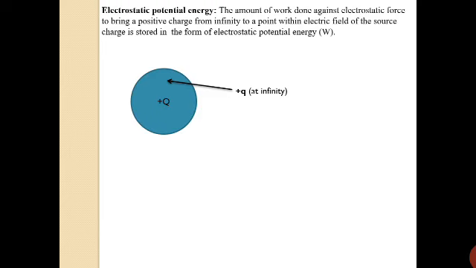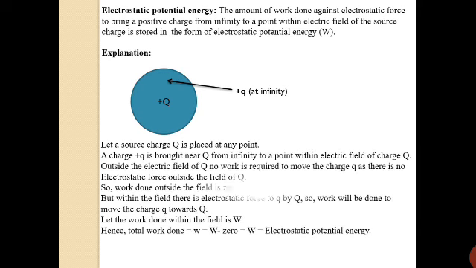So in this case we have to work, and once you start working, energy will be given to the charges, and that will be stored in the form of electrostatic potential energy. So we can say, if the charge is moving from infinite distance to a point within the electric field of some other charge, work will be done, and that work will be stored in the form of electrostatic potential energy. This is the entire explanation of the same concept.